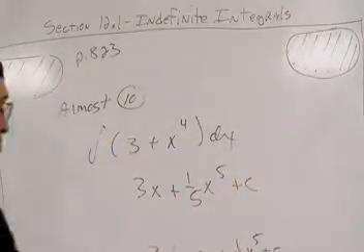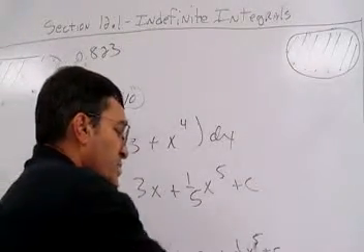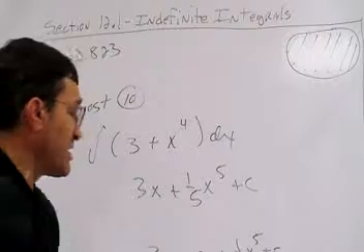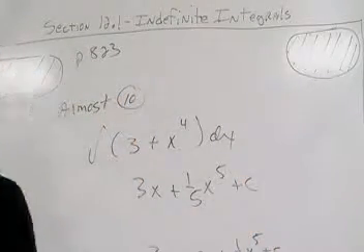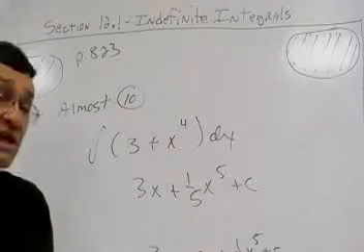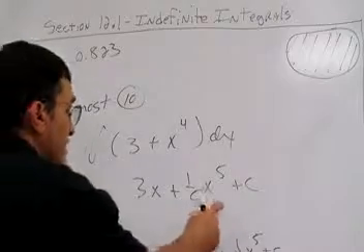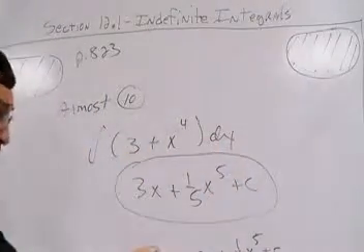Now, what do you get when you combine this arbitrary constant with this arbitrary constant? If this were 3 and this were 8, it would still be a constant. And so you will often do this in taking antiderivatives. You combine your arbitrary constants and just put them all together as one arbitrary constant at the end. And this is the answer that you'll see in the back of the book.